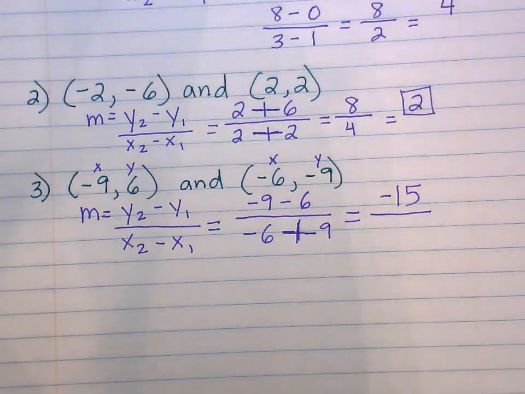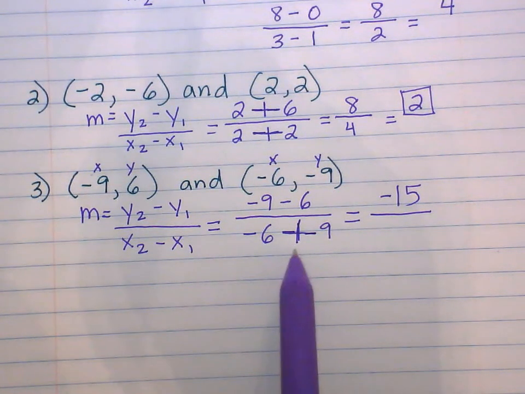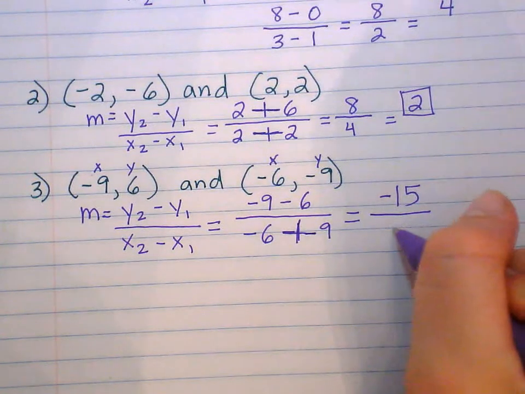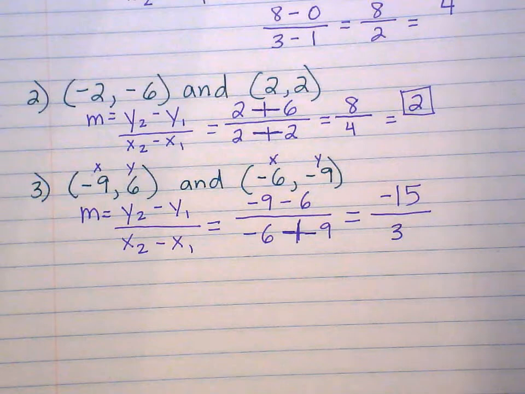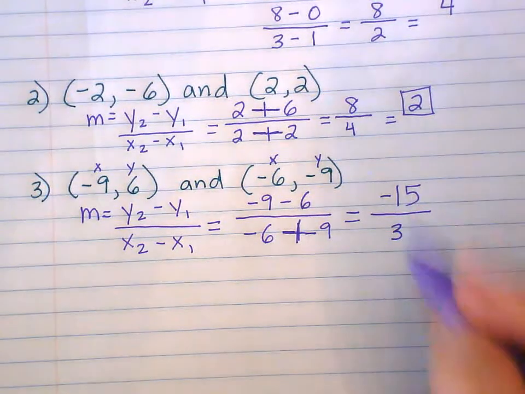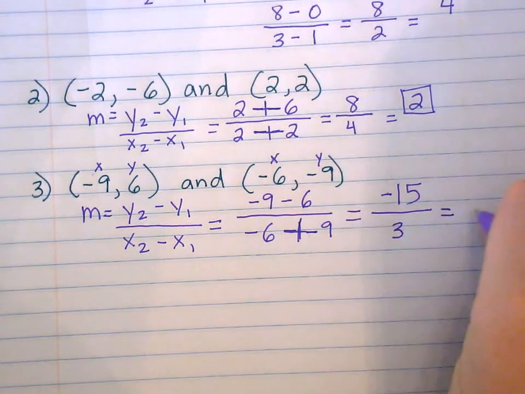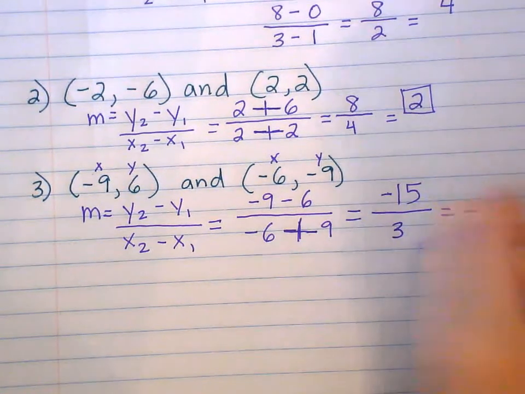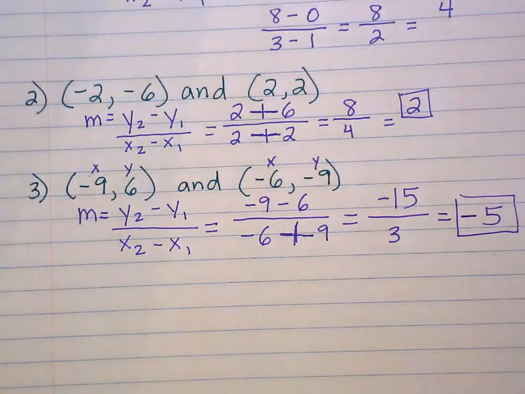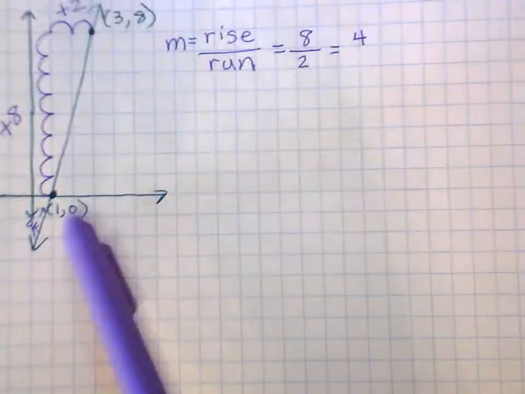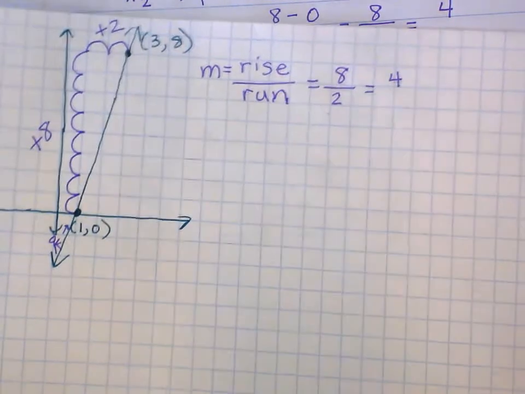Same signs add, different signs subtract. So 9 minus 6 is 3. 9 is bigger and it's positive, so positive 3. So the slope is negative 15 over 3, which we simplify. Negative divided by a positive is a negative. 15 divided by 3 is 5. And you would get these same answers if you were graphing each one and doing this method. This way just takes a lot longer if it's not already provided.